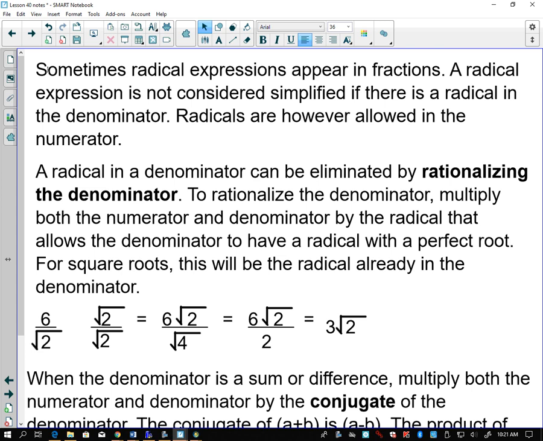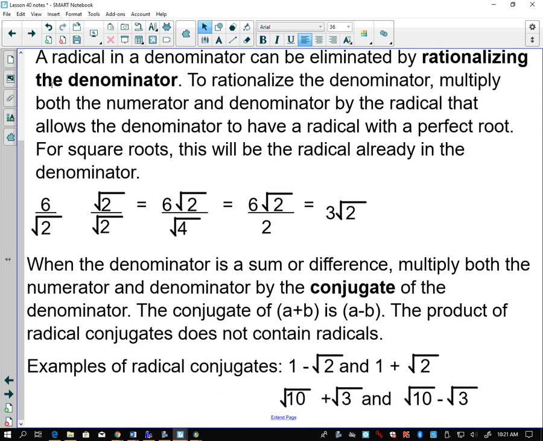So when the denominator is a sum or difference, meaning that I have a square root, but there's an addition or subtraction in that denominator as well, we multiply both numerator and denominator by the conjugate of the denominator.